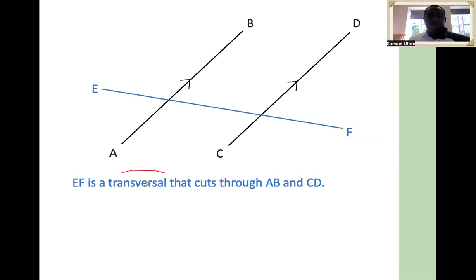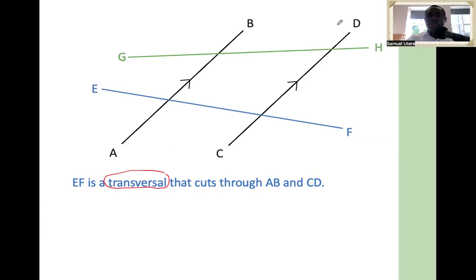So do not forget this word, transversal. Transversal simply means cuts through. So we can say, line EF is a transversal that cuts through parallel lines AB and CD.